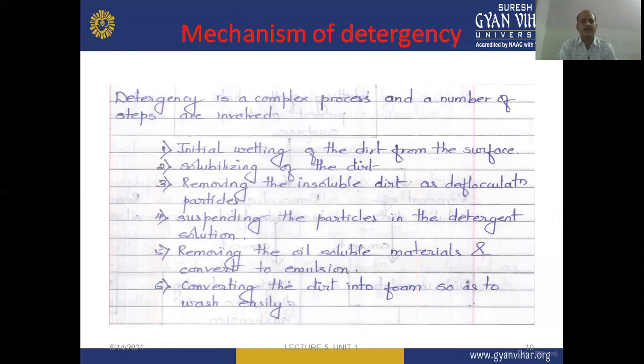After that, oil soluble material is removed by converting it into an emulsion, and the dirt is converted into foam so as to wash easily. So it is a complex process, and it requires these different steps. This is the mechanism of detergency.